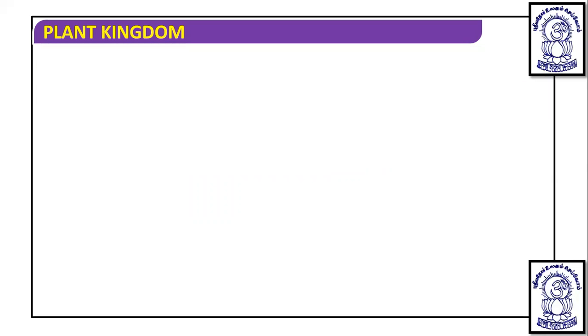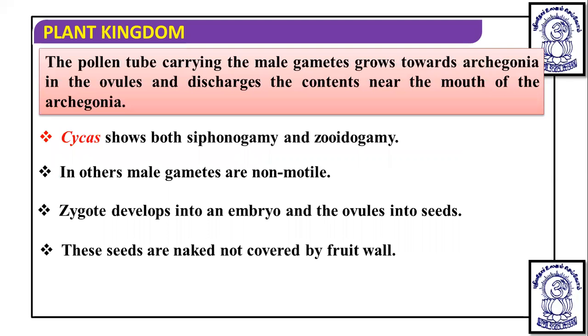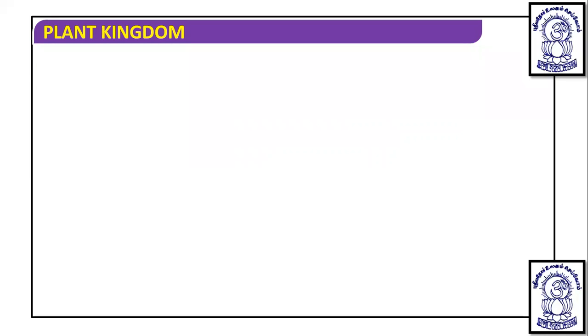So what we have discussed till now is nothing but the general characteristics and the life cycle. Now after studying the general characteristics and life cycle, we can note down that the life cycle of gymnosperm is diplontic.